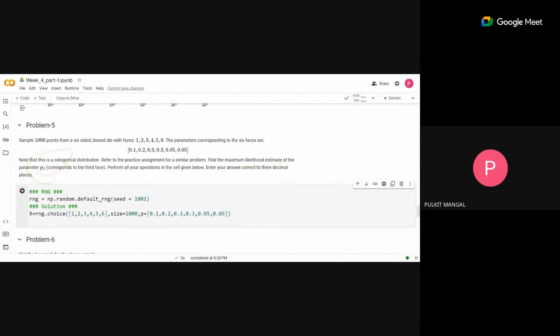Now, can anybody tell me the code? How will you find the MLE here for P3? What line of code will you write? What do you have to identify first? You have to first identify the number of 3s in your data set divided by the total number.